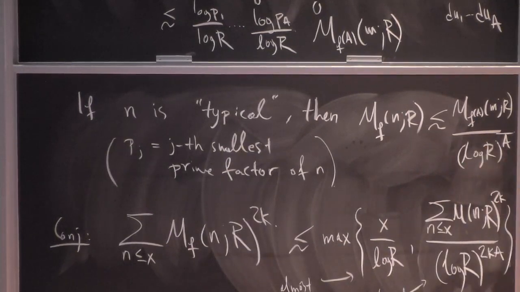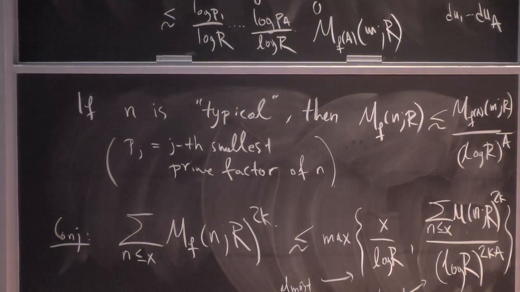And there should be some phase transition from one world to the other. As long as you smooth enough, then you pass from one world to the other. So how much should you smooth to make the 2kth moment of these sums behave like a Sieve weight?